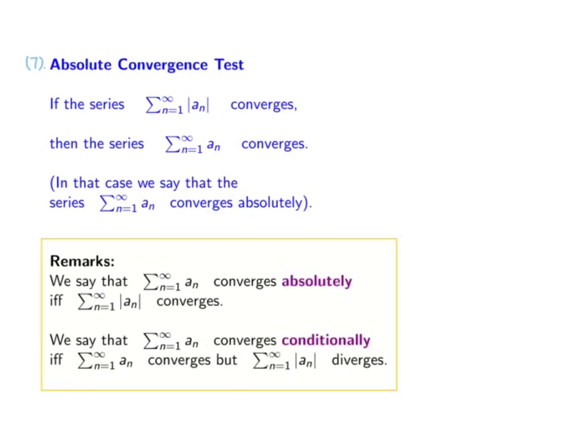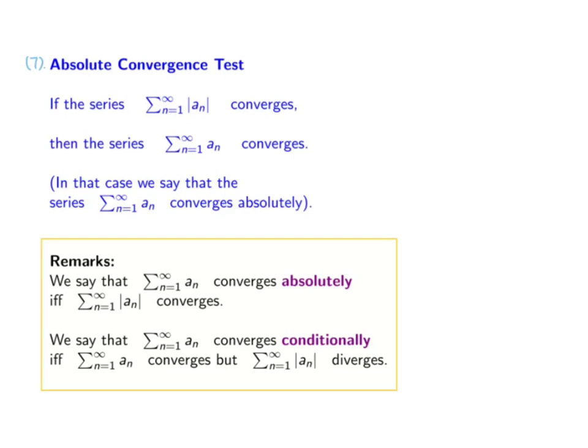Please note the following remarks. We can see from the statement of the absolute convergence test, if the new series converges, then the original series converges. That is to say that to have the new series be convergent is more strict than to have the original series be convergent.